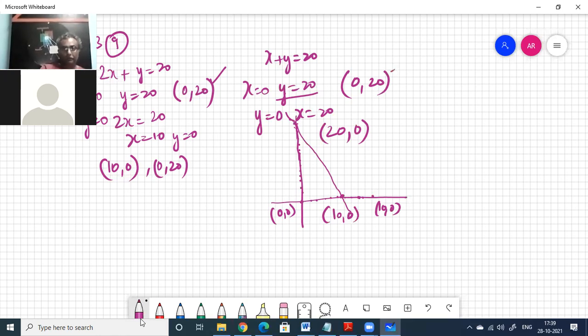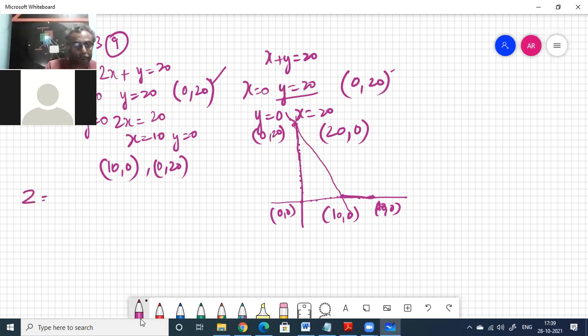Then 0, 20 is here. 20, 0. This is 20, 0. I don't know how to draw the graph for this, but let's do the minimizing function.